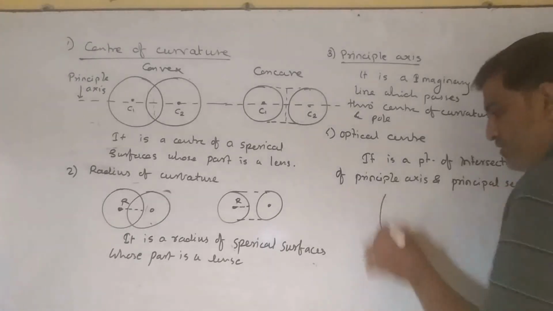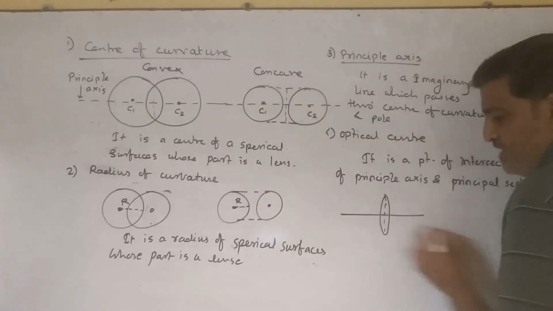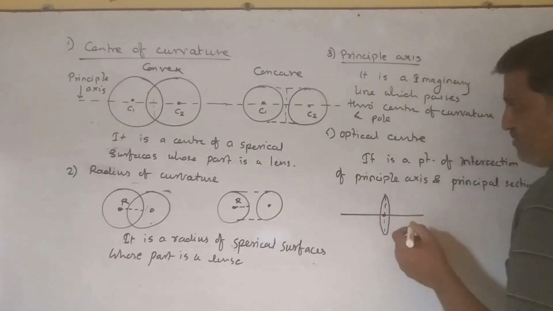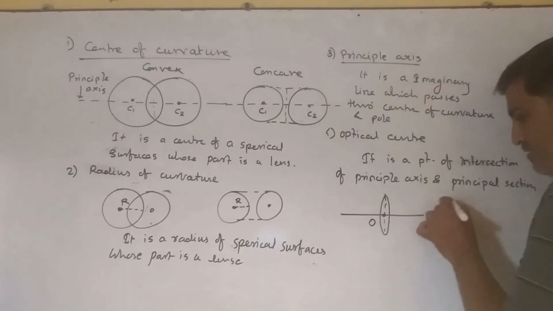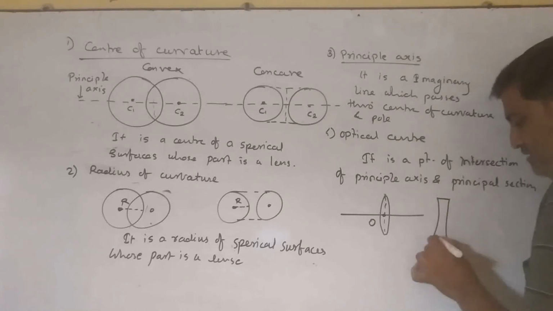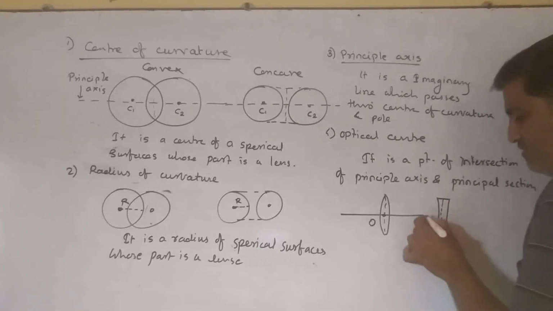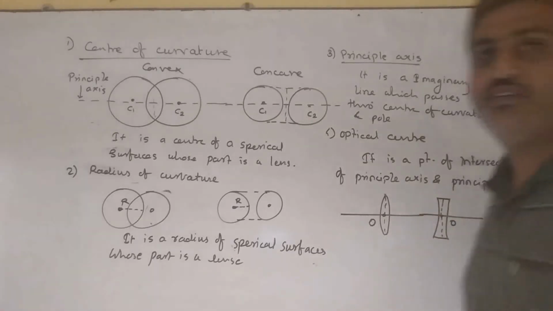So I can show here in case of convex, this is the principal section and this is the principal axis. This point of intersection is nothing but the optical center, which is denoted by O. Here again say concave, principal section, principal axis, the point of intersection acts as the optical center.